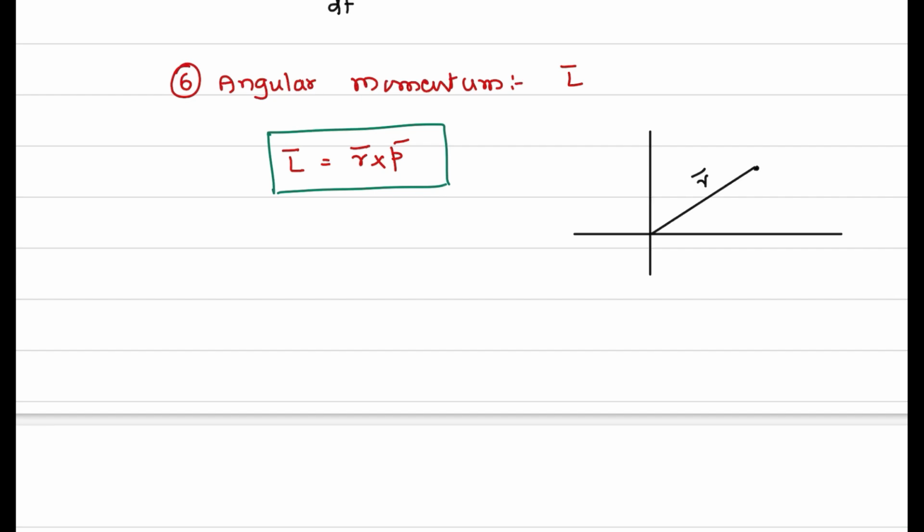This is R and this is the particle. R cross P. L is equal to R cross P. The definitions of the cross product and dot product I have already explained in the vectors section. Please refer to them.